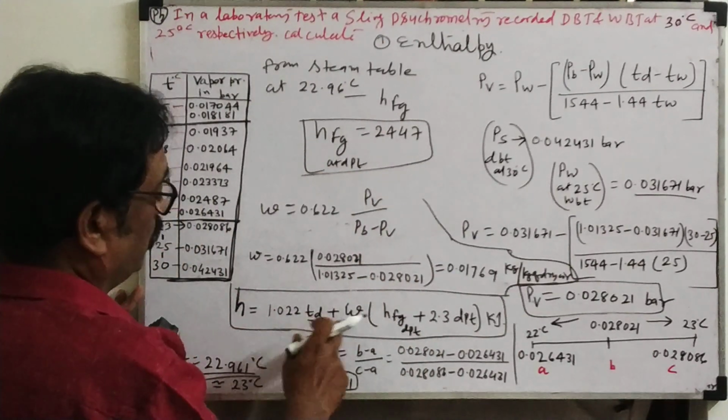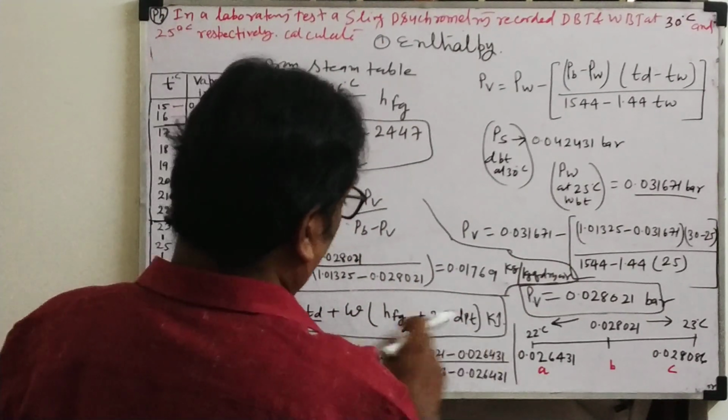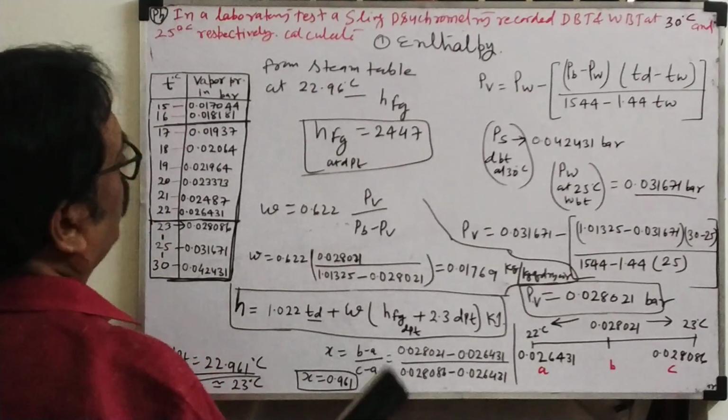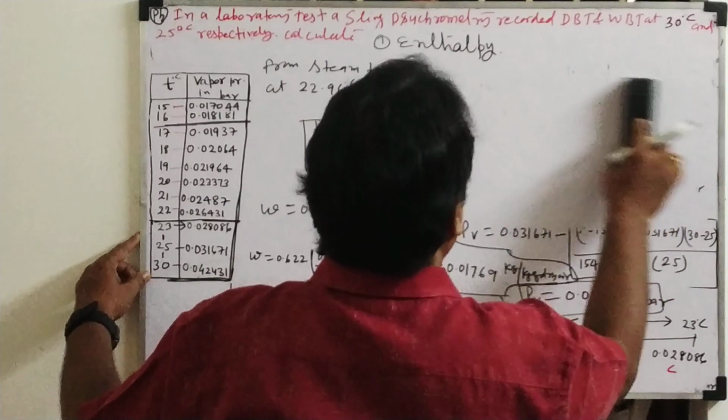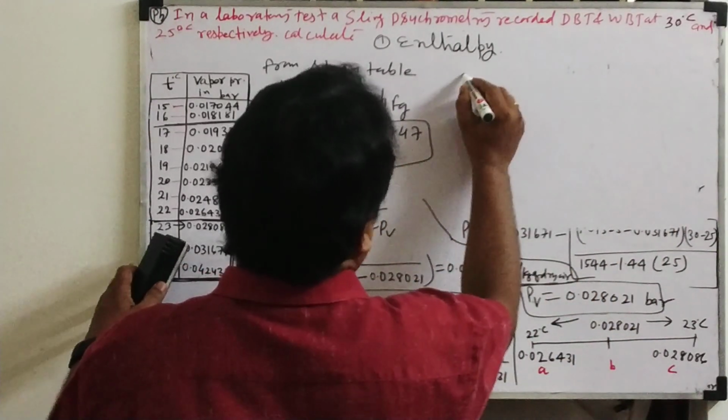Now you see, TD you know, W you know, HFG you know, all the values you know. So now I will write the enthalpy formula again. This part I will rub out here. Now we will substitute all the values into the enthalpy formula.